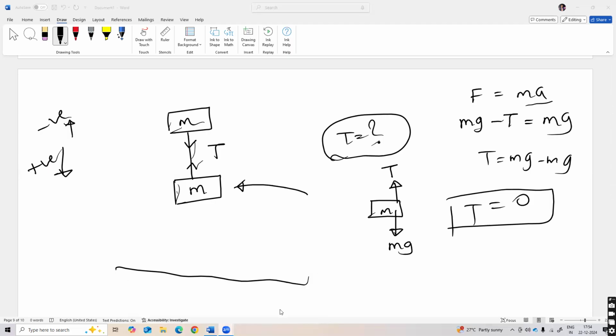So Vaibhav, any doubt on how we got this answer? When something is falling under gravity and there is a string attached, the tension in this string is 0.